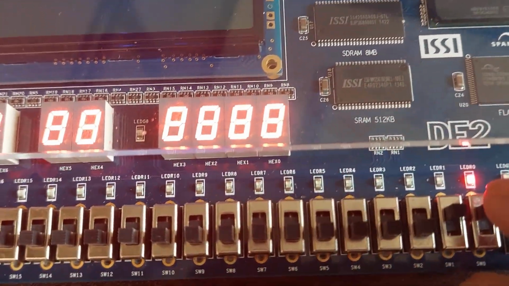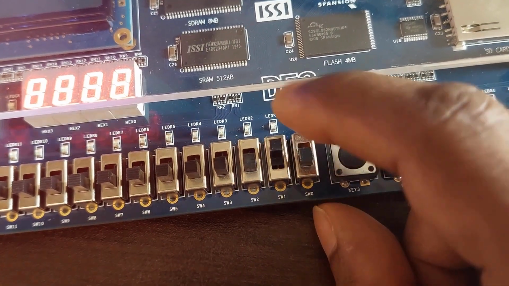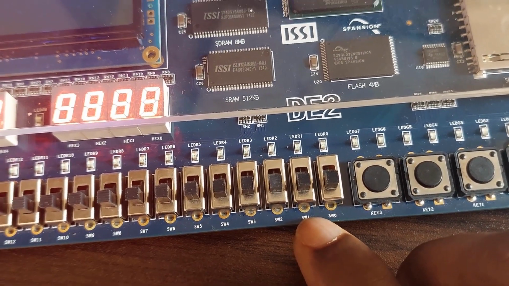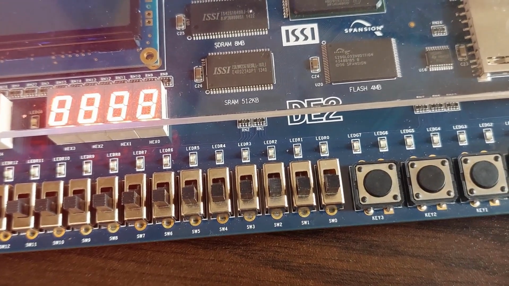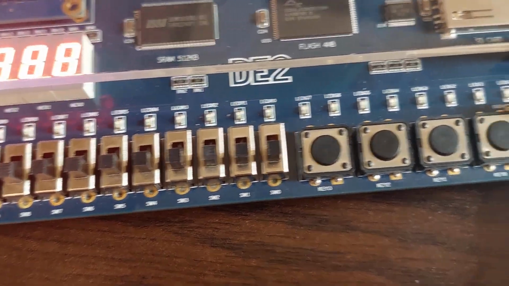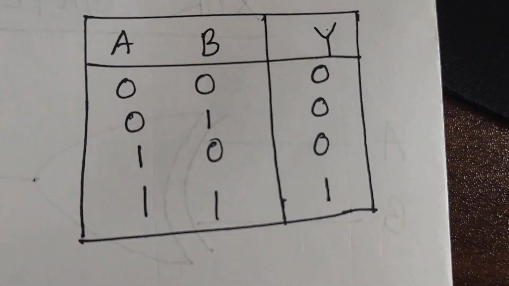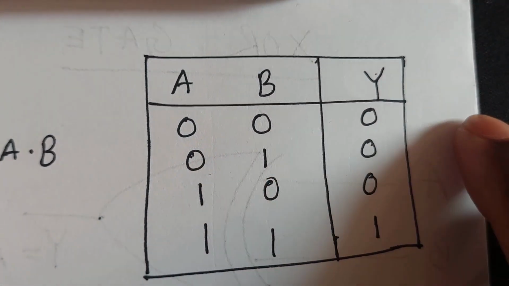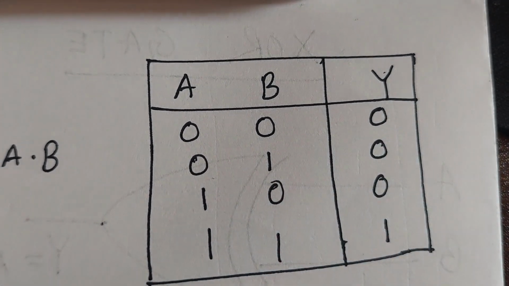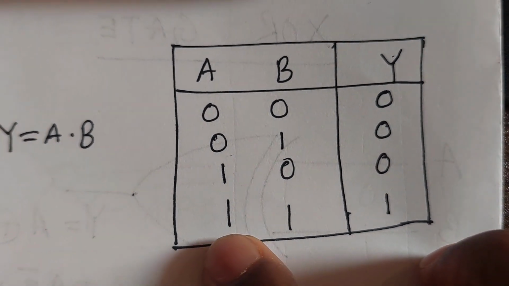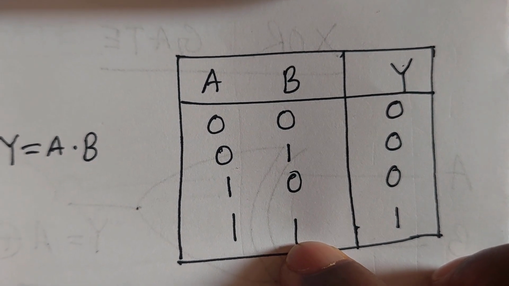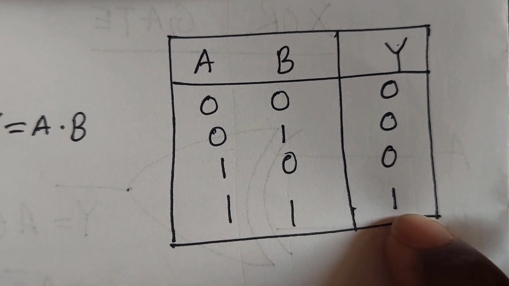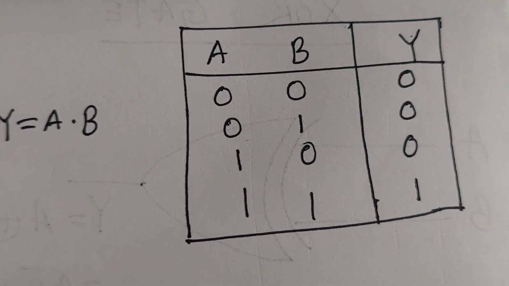We use two switches, SW0 and SW1 for input and LED R0 for output. Here is the truth table of AND gate. When both inputs are 0, output is 0, and when both inputs are 1, only then output will be 1.